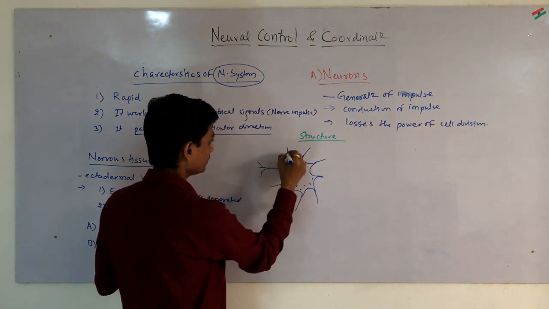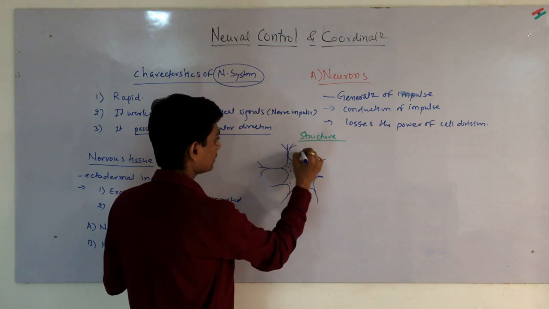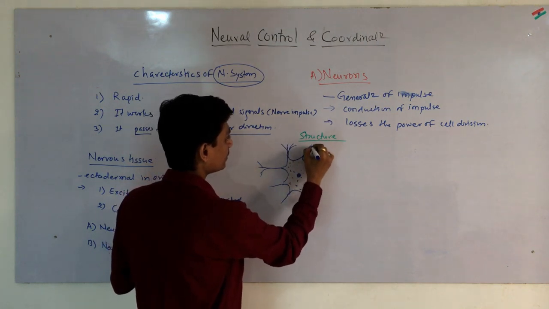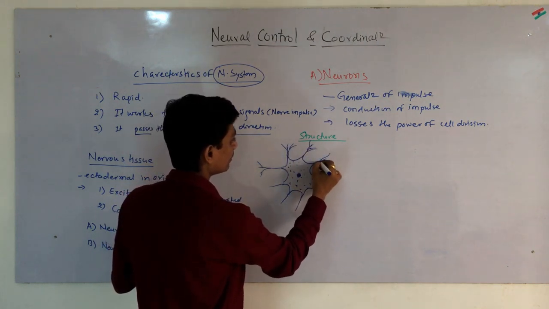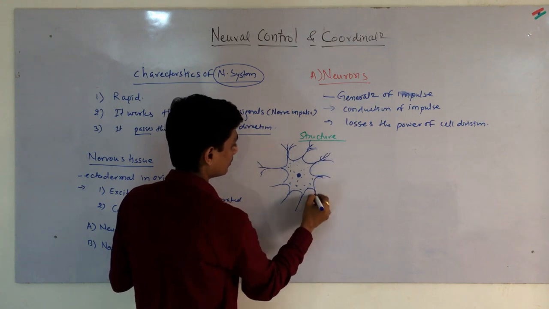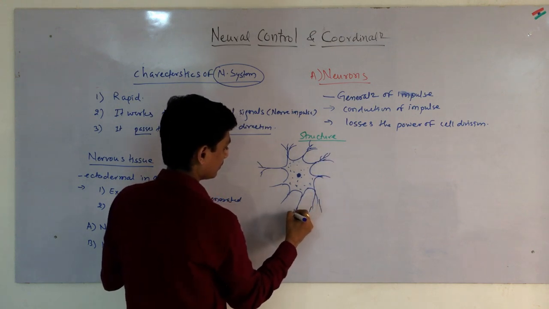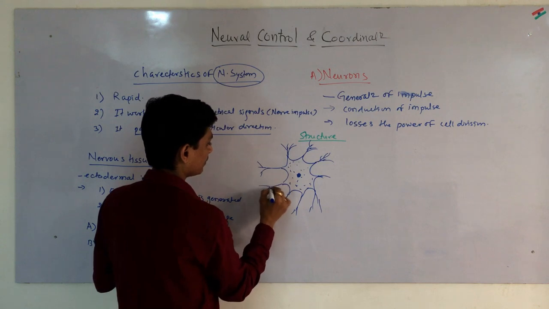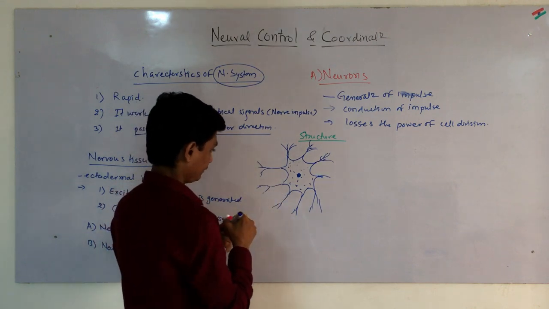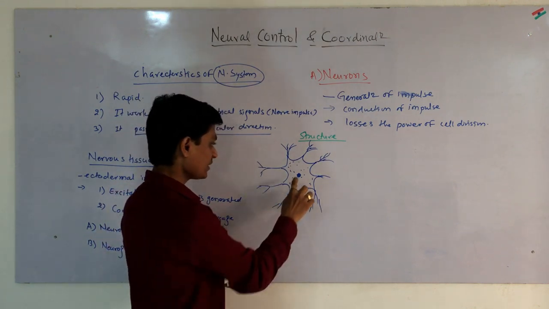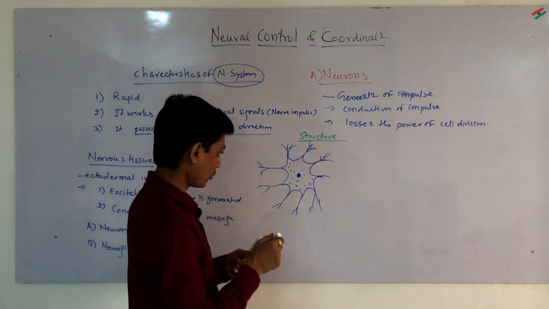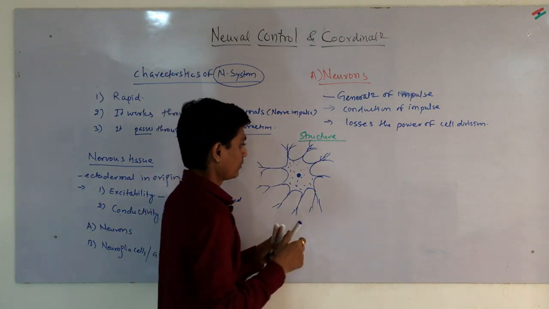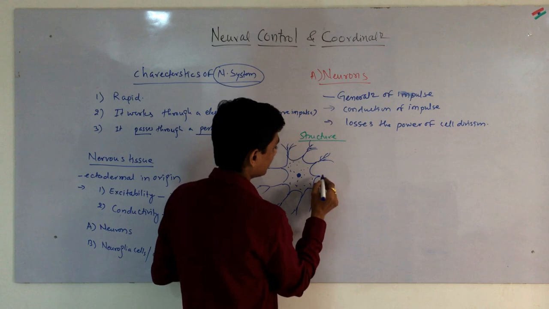Dendrite is a branched, bifurcated part. And from this body, a long process arises.